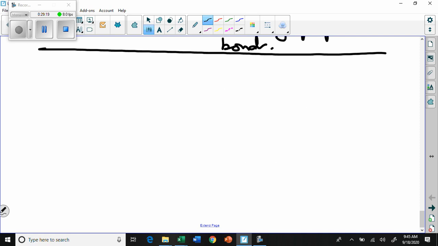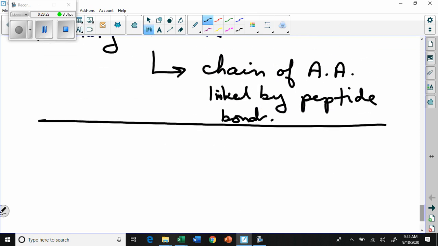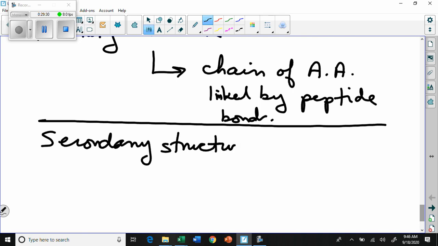The secondary structure is describing what happens to that chain.